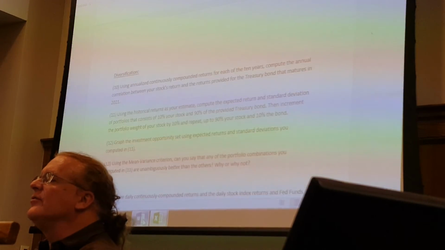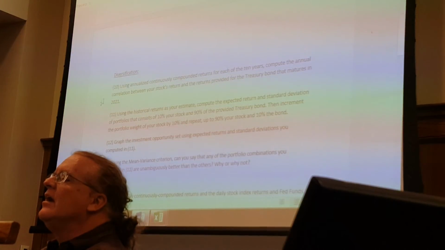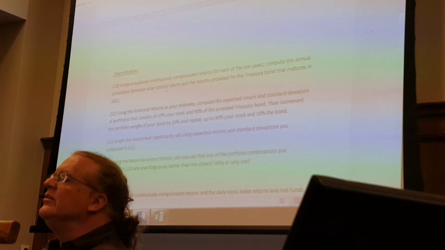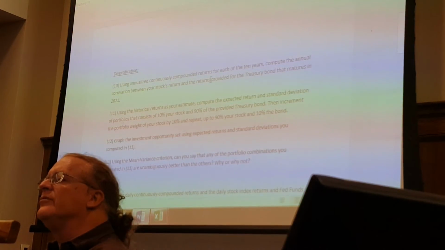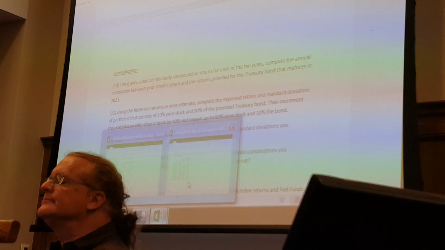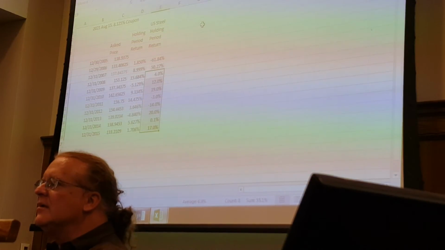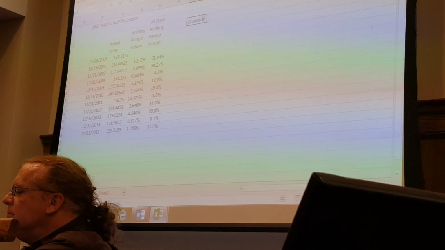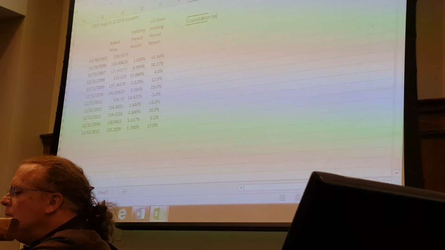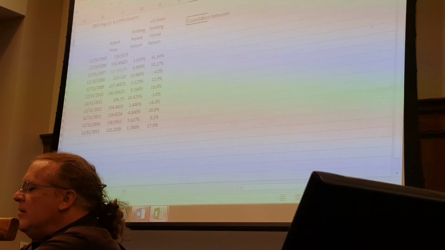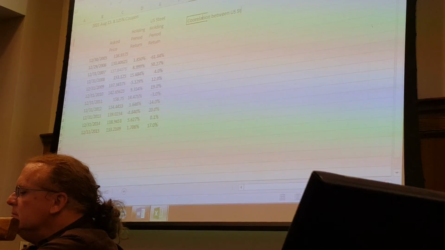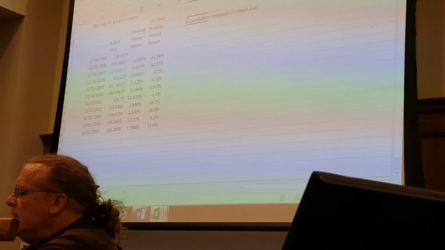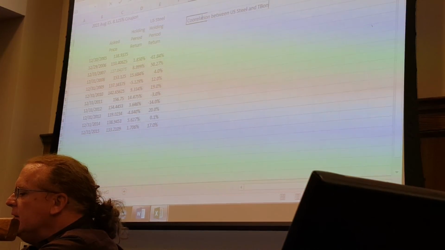Okay, so now, first thing it asks is the correlation between the stock's return and the returns for the treasury bond. Okay, so correlation between U.S. Steel and treasury bond returns.